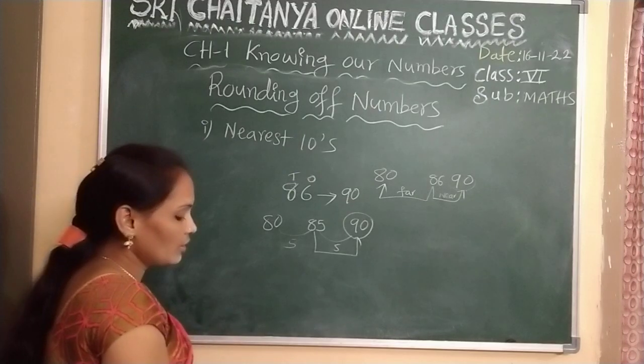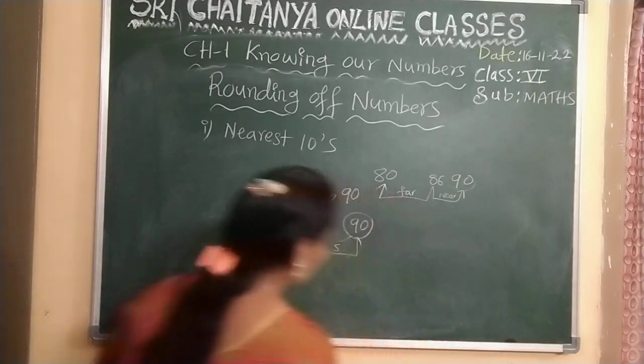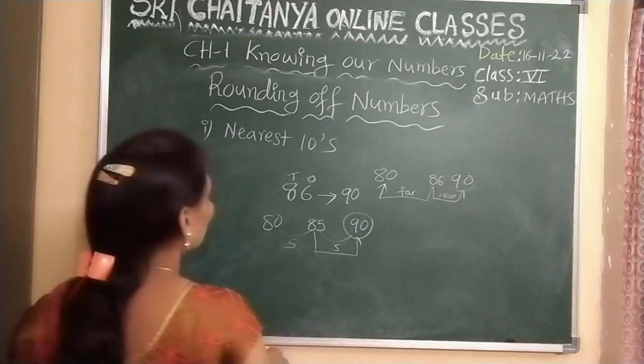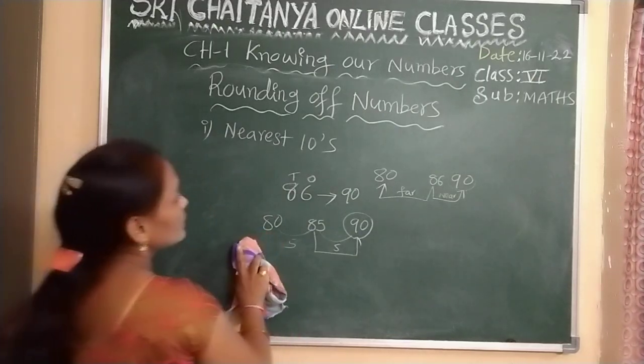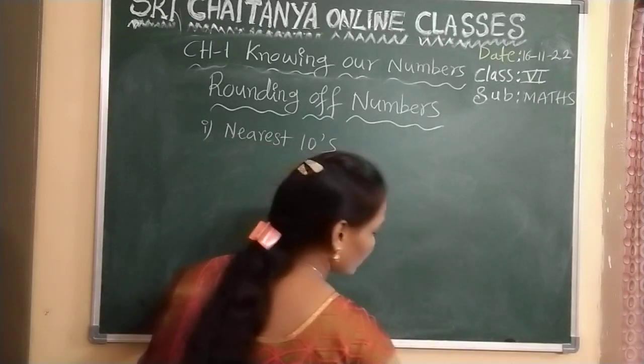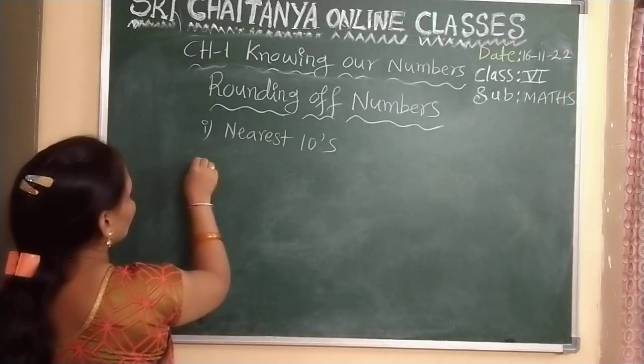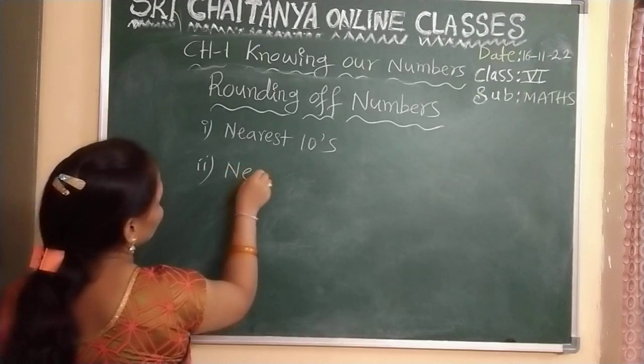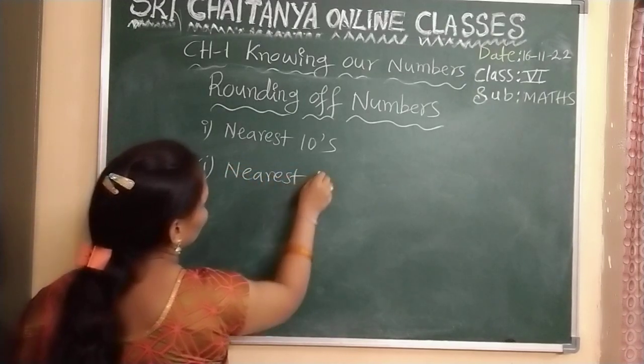Now, what about the nearest hundreds? Second one is nearest hundreds.